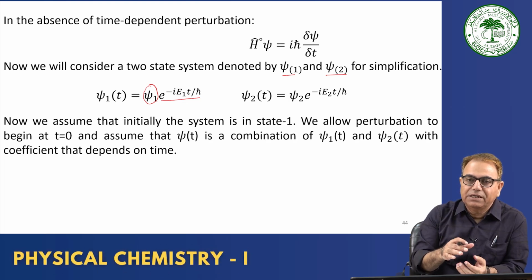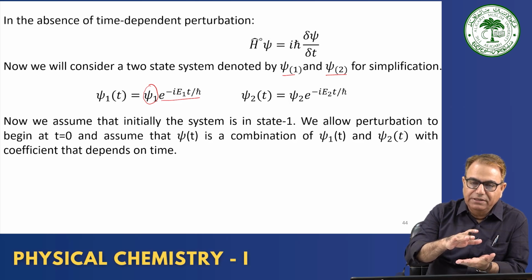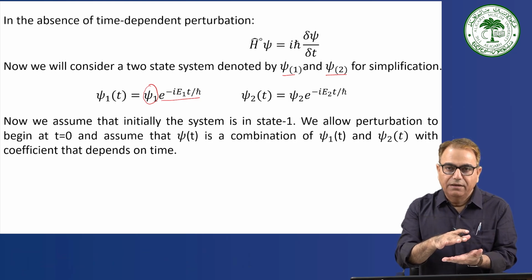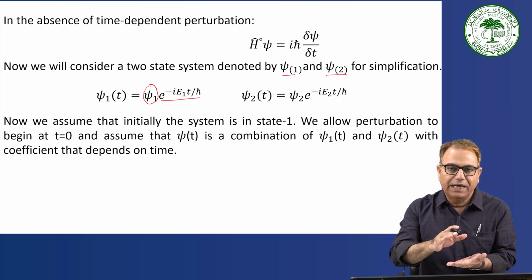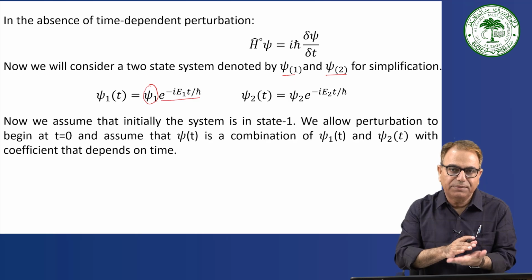Now we say that the system has two energy levels, and initially the system is in the psi 1 state, and the psi 2 state is empty. So if your molecule is in the lower energy state, psi 1, then the moment the perturbation begins, there will be a time lag between the time of the start of the perturbation.